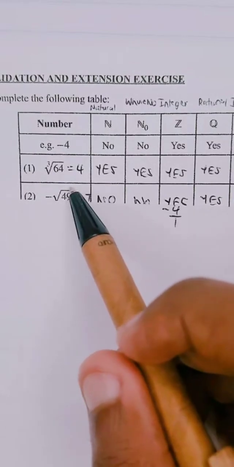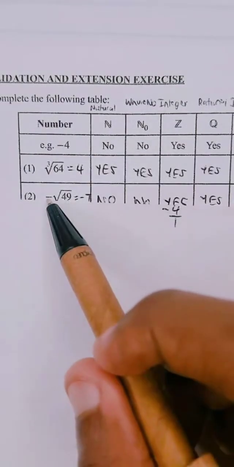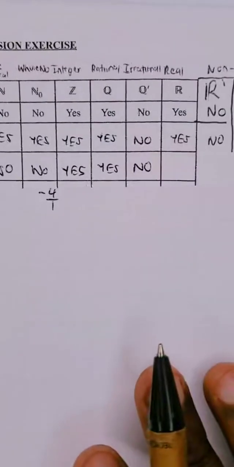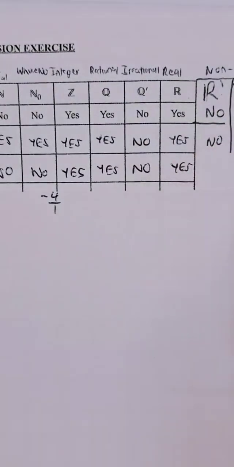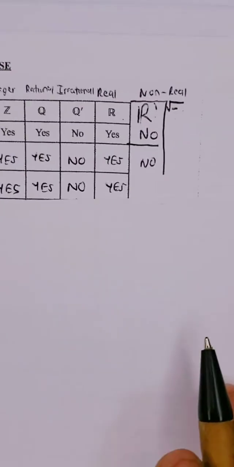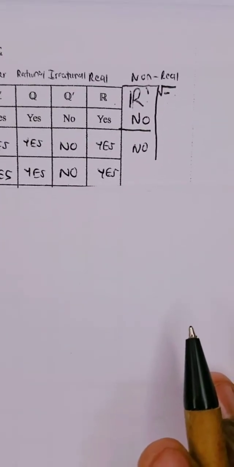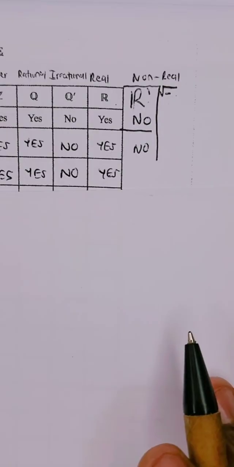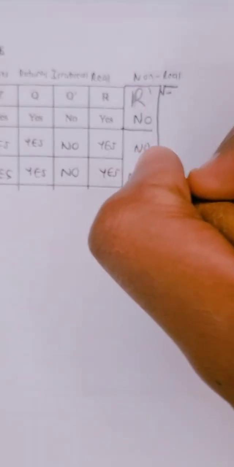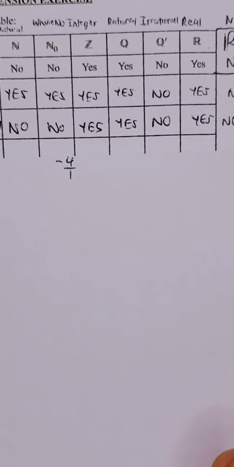So we can evaluate the square root of 49, get 7. Then the negative sign multiplied with that 7 gives you negative 7. So that's a real number. Okay, so it's definitely real. Is it non-real? Definitely no. Thank you.